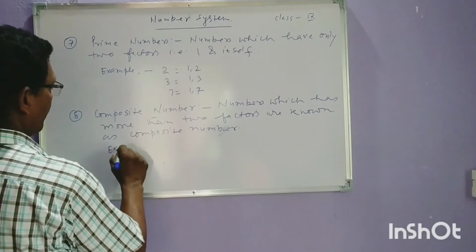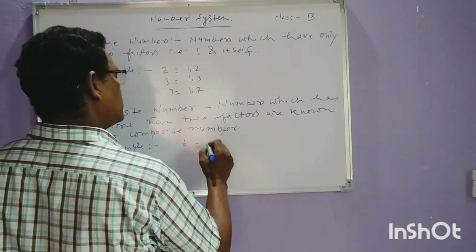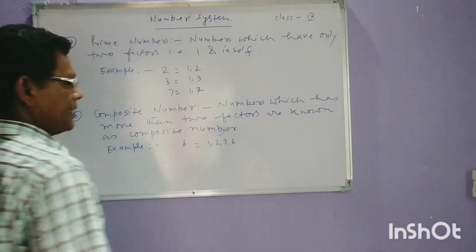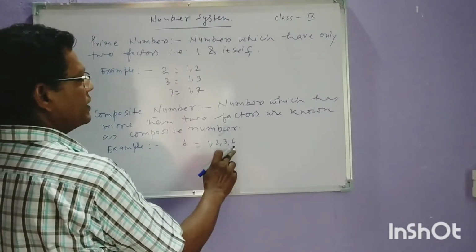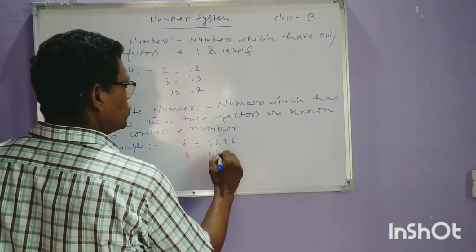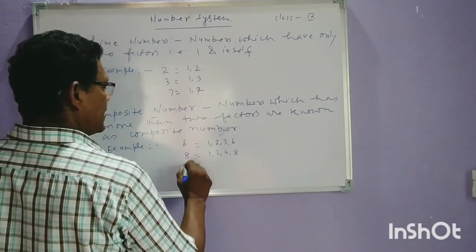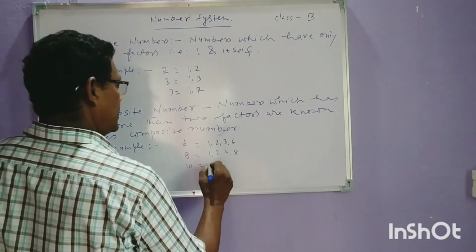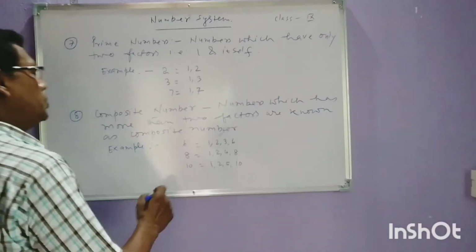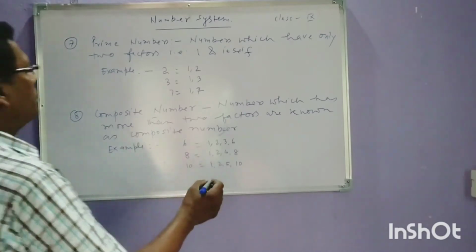Example: 6. It has factors 1, 2, 3 and 6 itself. Means it has more than two factors. Similarly, 8. It has 1, 2, 4 and 8. Next one we can take 10. It has factors 1, 2, 5 and 10. So, the numbers which have more than two factors are known as composite numbers.